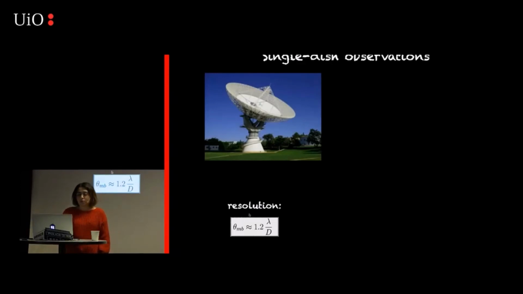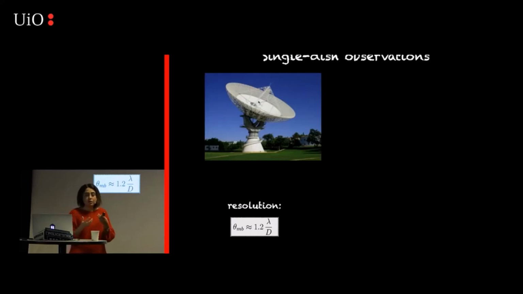The resolution of observations is proportional to lambda over d. We can get it with this simple formula, where lambda is the wavelength of the wave that we are going to observe, and d is the diameter of the telescope.